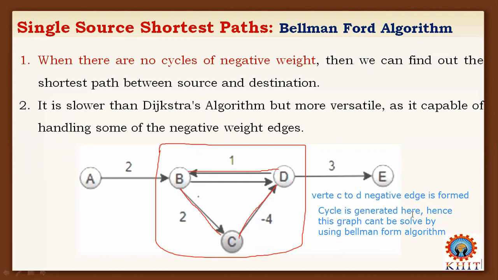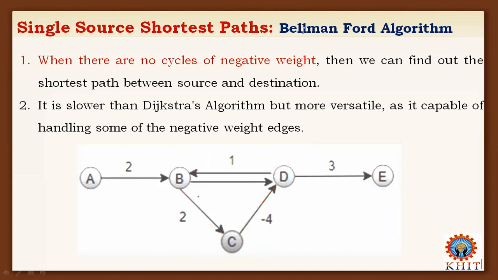So the main concept is that a cycle should not be formed with negative edges. But here a cycle is formed with negative edges. That's why this problem is not considered for solving by using the single source shortest path problem. Okay.